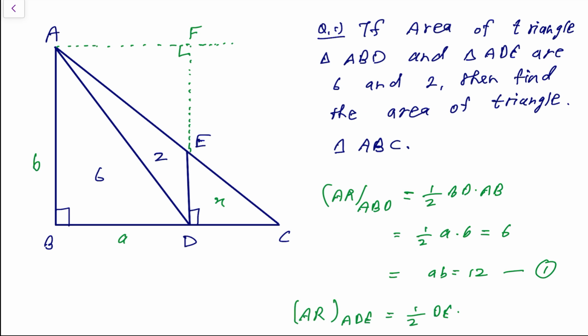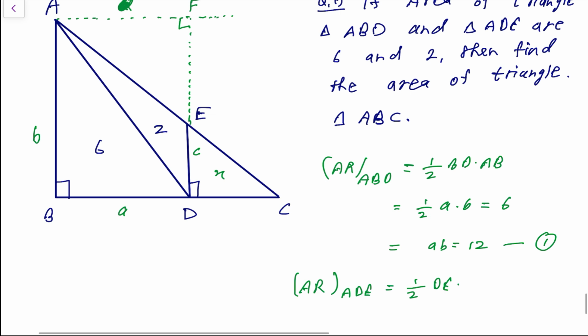If side BD is a units and AF is parallel to BC, that means AF will also be a units of length. Let's call the base DE as c. So in triangle ADE, the base is c and the height is a.